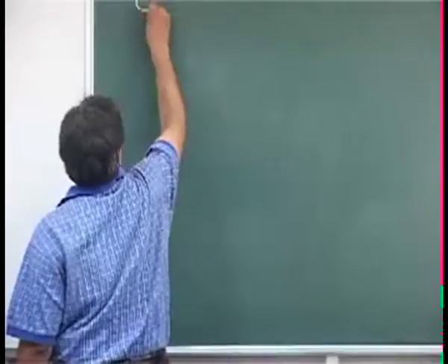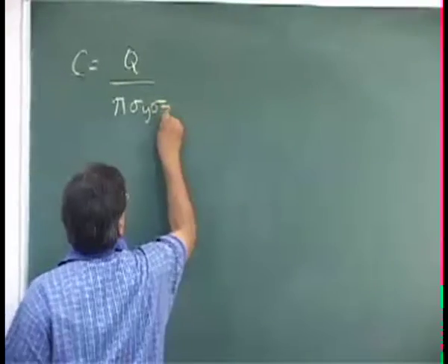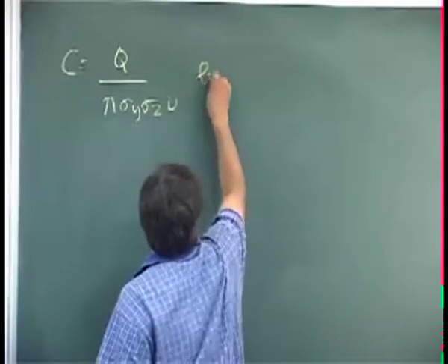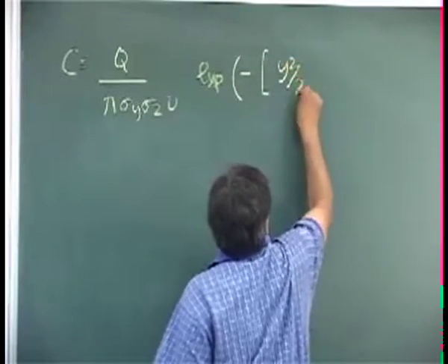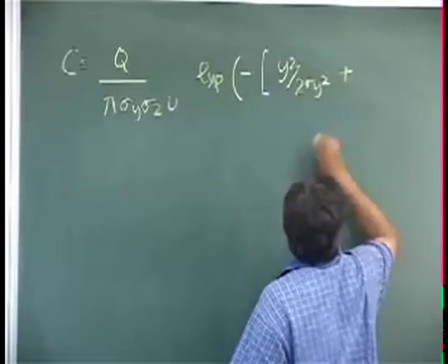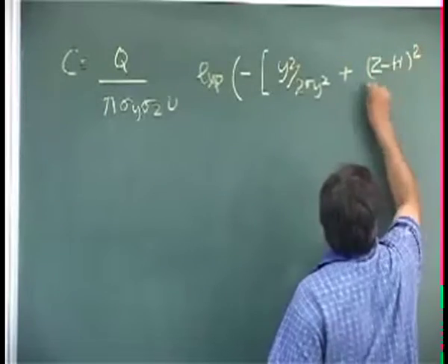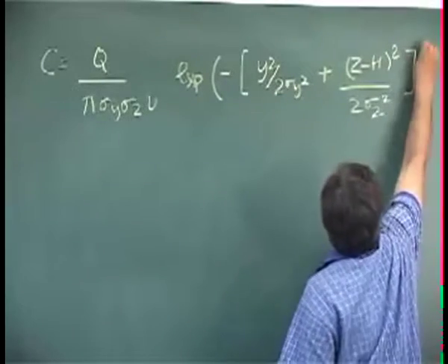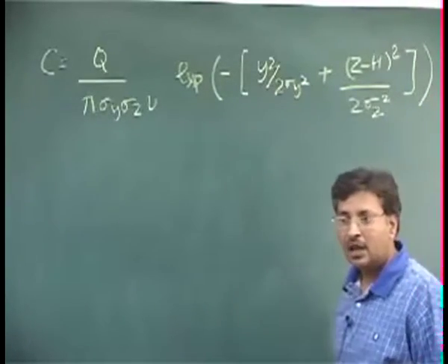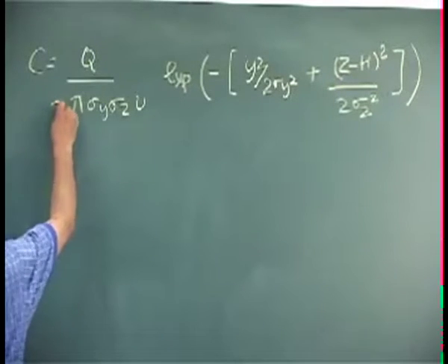C equals Q by pi sigma y sigma z u, exponential of minus y square by 2 sigma y square plus, for z I must write z minus H whole square by 2 sigma z square. And this becomes right. But there is a slight change in this one, and that change is that you put 2 here in front.